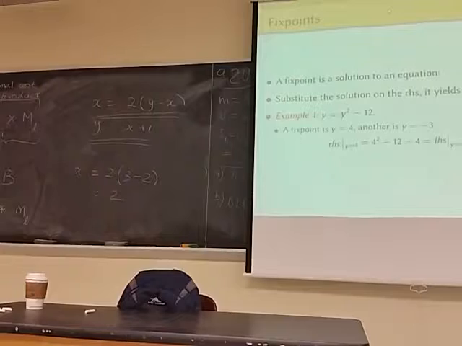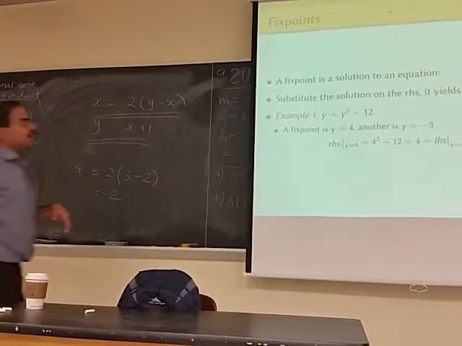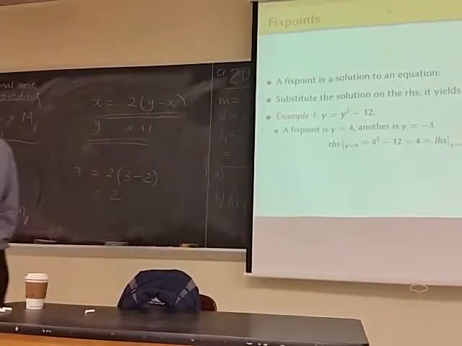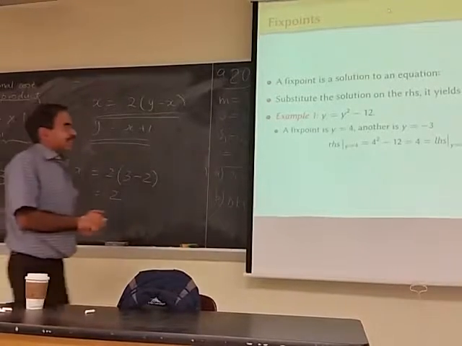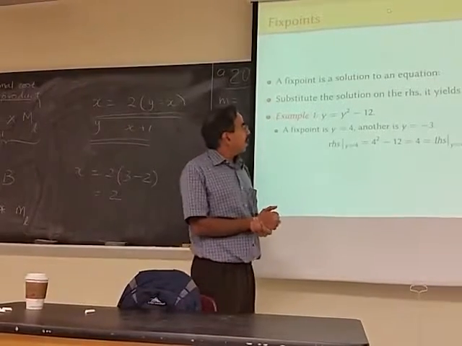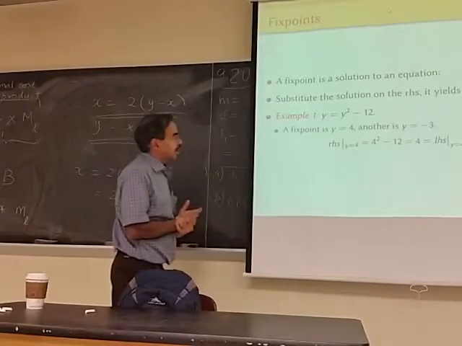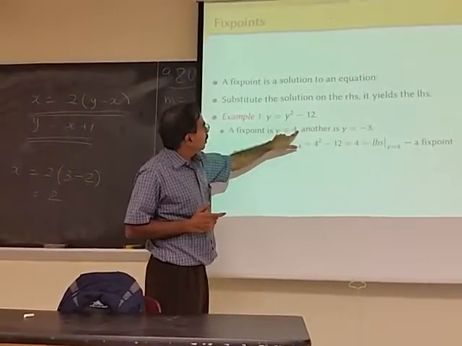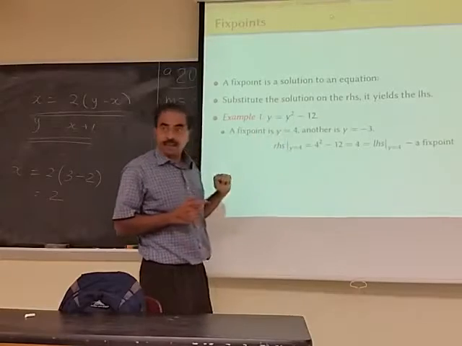So let's think about it. I guess I have better examples here. Okay. So let's think of y equals y squared minus 12. It's a quadratic equation. Of course, you know how to solve a quadratic equation, but let's use this to illustrate the fixed point. So if you substitute the value on the right hand side, and that is already a solution, then you'll get the same thing.